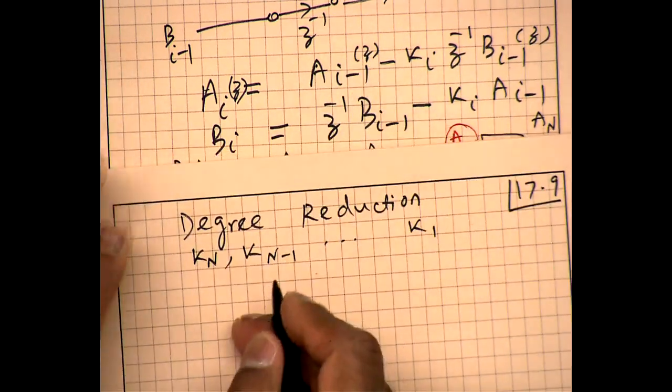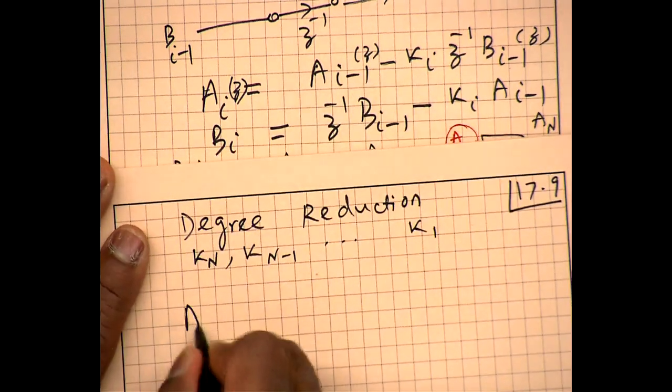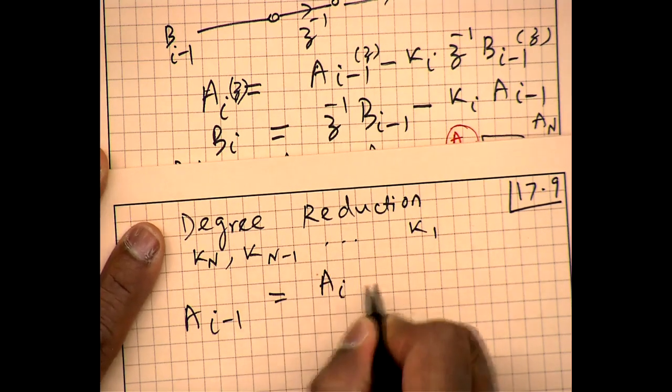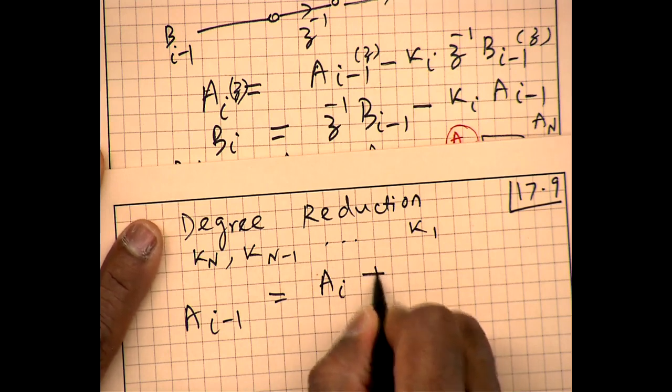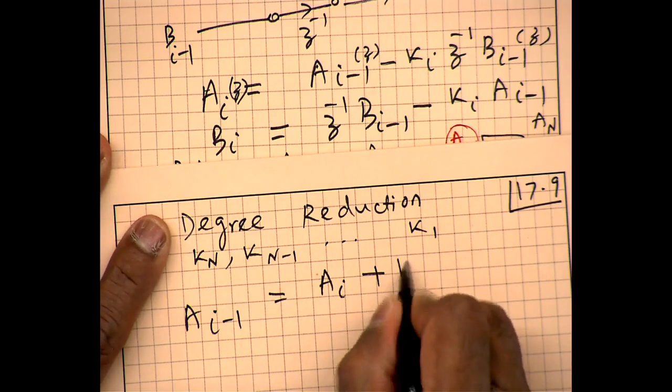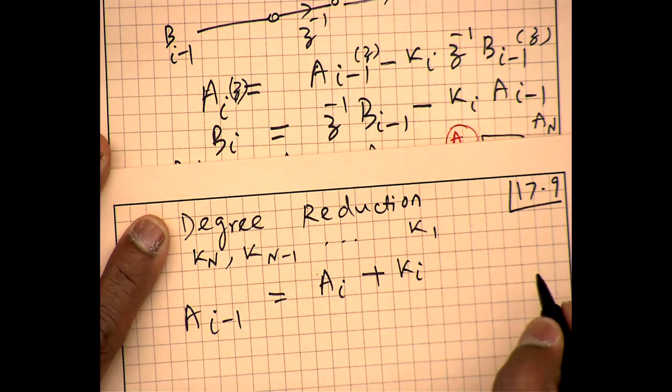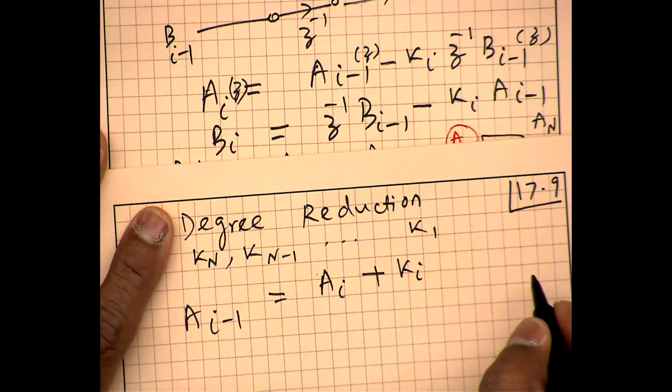So I want to compute Ai minus 1. So I can say, okay, Ai minus 1 is equal to Ai plus Ki, so take this term to the other side, Ki times Bi minus 1.